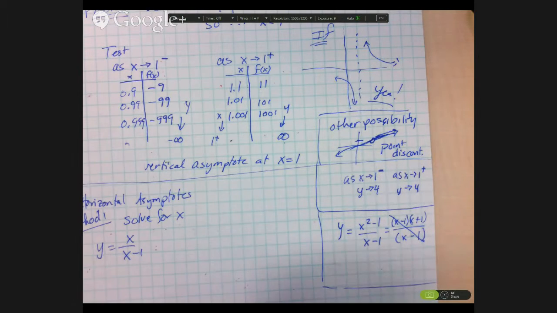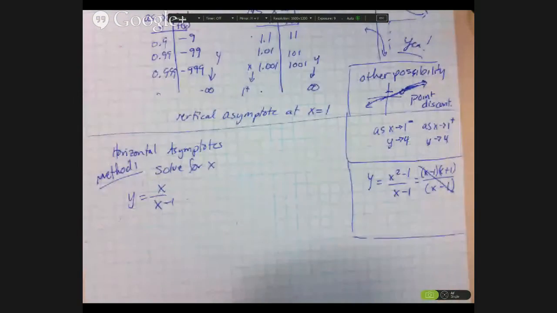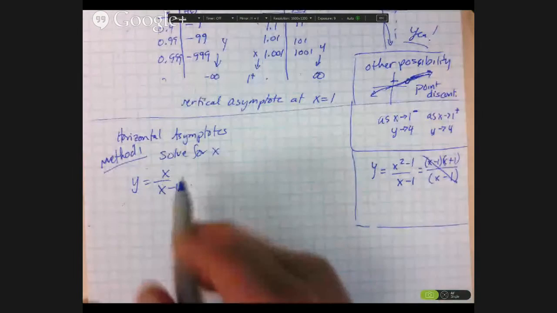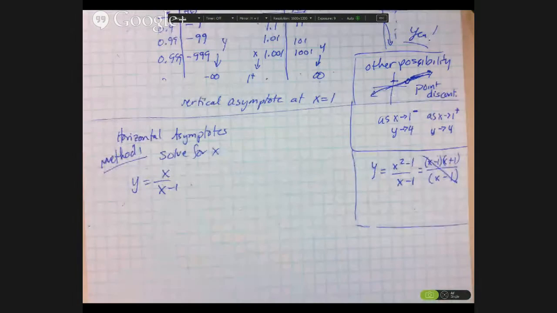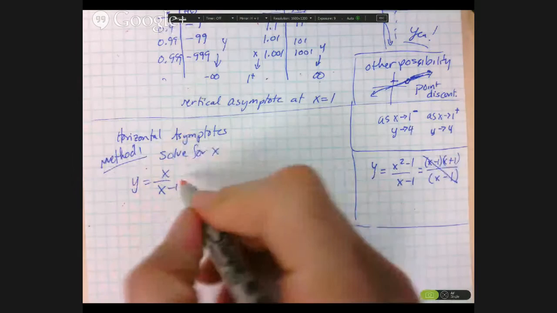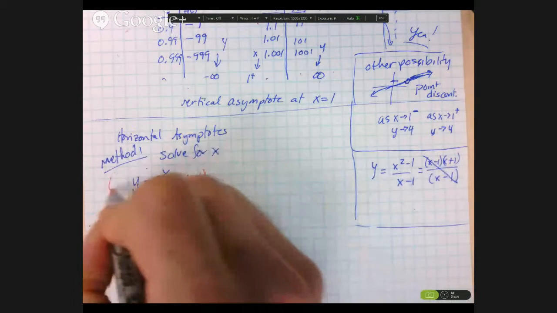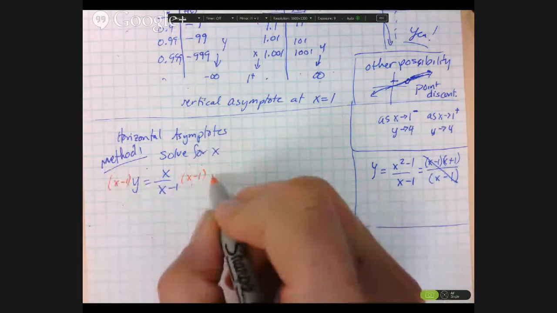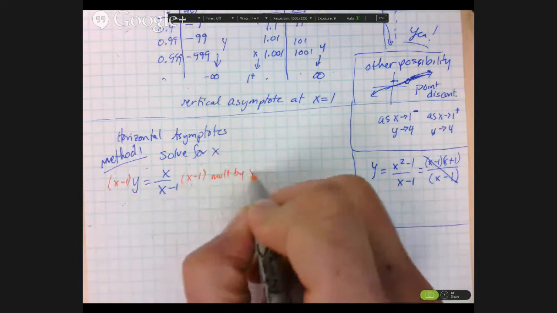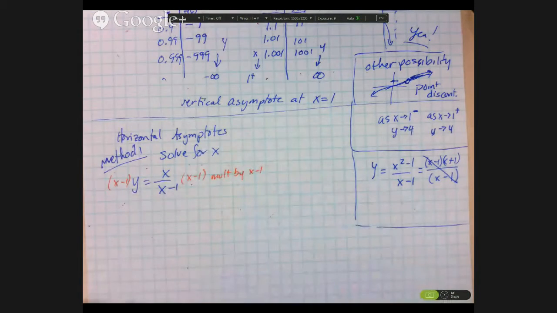Okay, horizontal asymptotes. Okay, we have to solve this for x. Those obviously cancel.